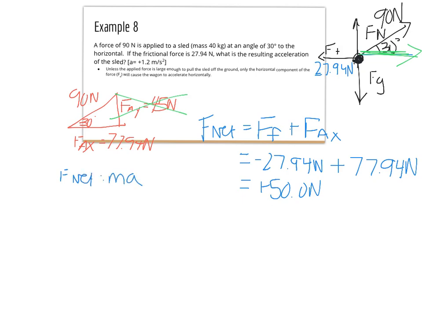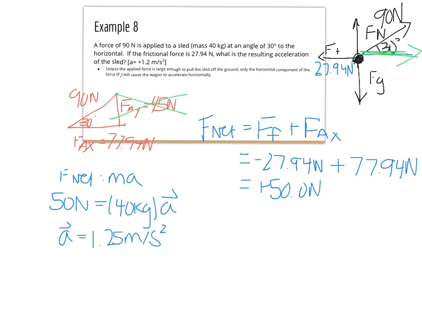So we have 50 newtons is equal to its mass, 40 kilograms, times acceleration. Acceleration becomes 1.25 meters per second squared. I guess we should actually round this to 1.3 meters per second squared, and it will be accelerating in the east direction, or whatever direction. I guess I can't say east because it didn't actually mention that in the question. It's accelerating in a positive direction.